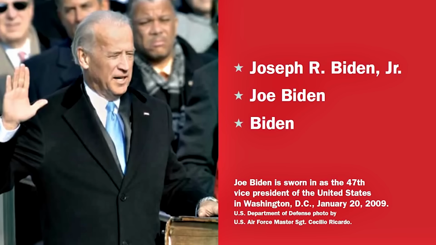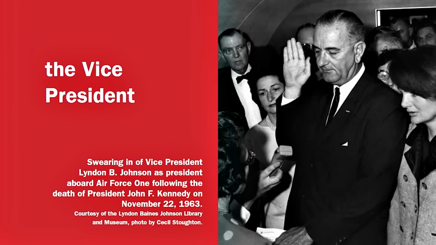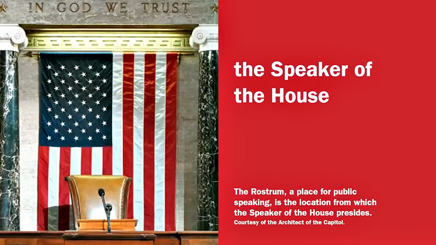Biden. If the president can no longer serve, who becomes president? The vice president. If both the president and the vice president can no longer serve, who becomes president? The Speaker of the House.